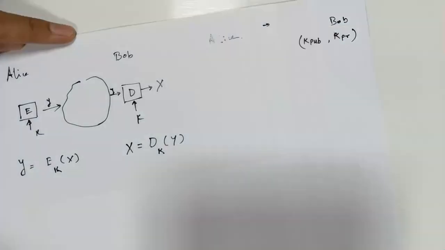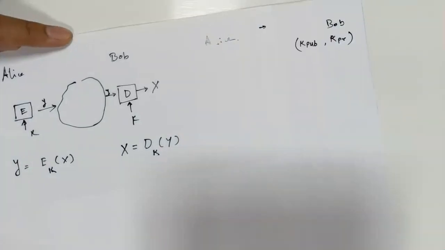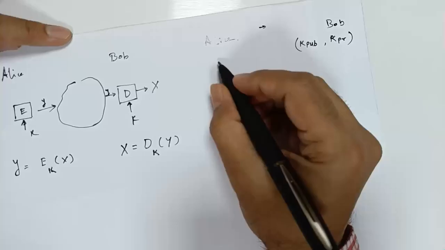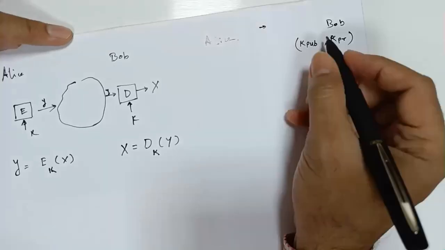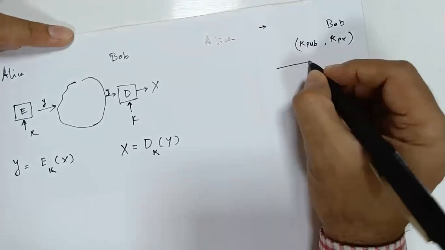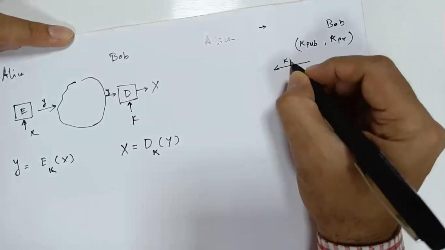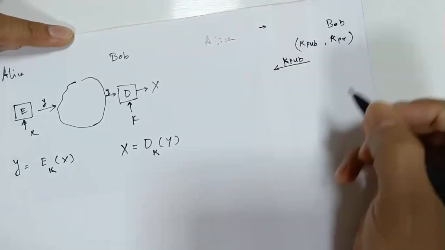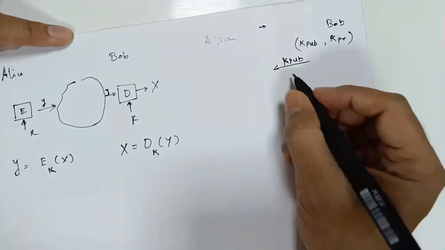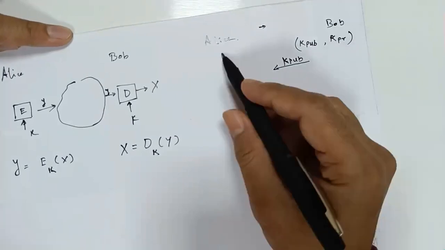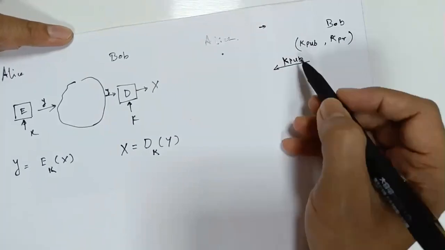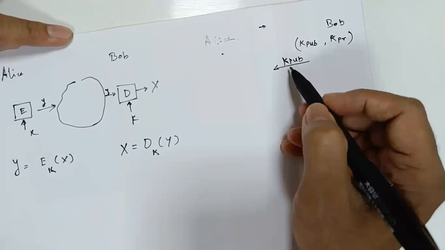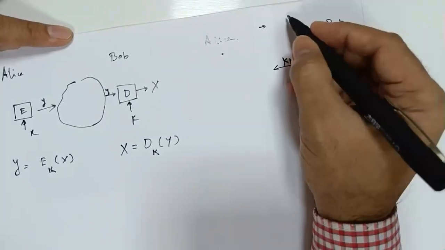Now, how will it be used? If Alice wants to send the data to Bob, she will get the public key of Bob. Either Alice can ask Bob to send his public key, or it is already available on the internet.